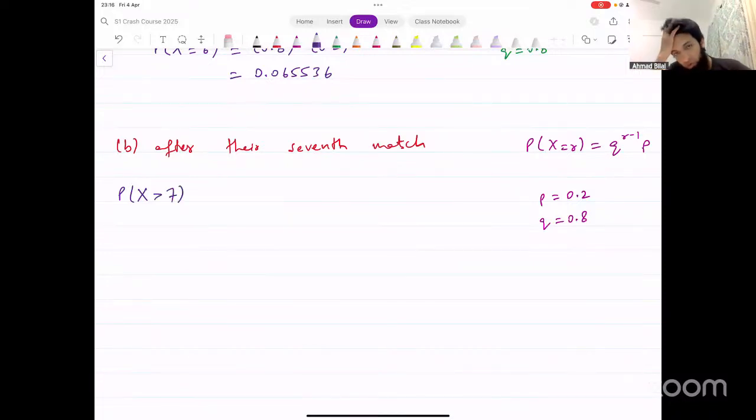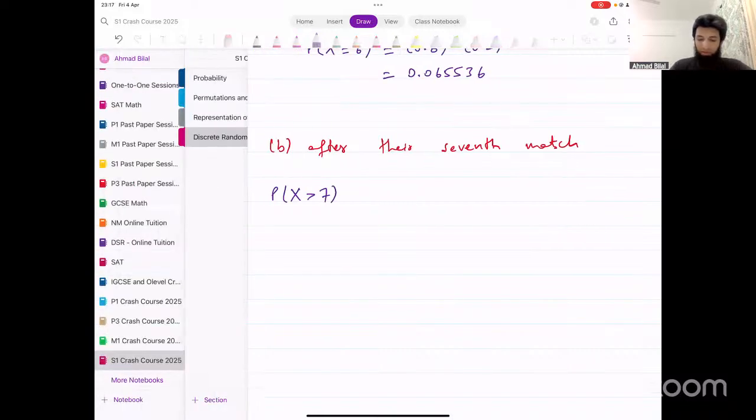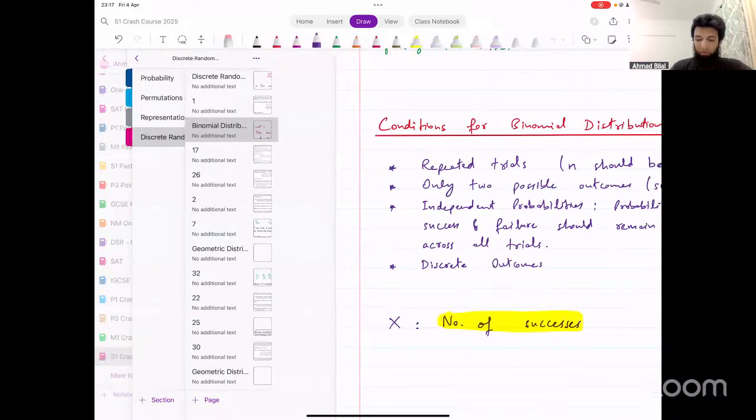Now in binomial, what we used to do was calculate each of those probabilities one by one. Greater than 7 means it could be 8, 9, 10, 11, 12, 13, 14, 15, and so on. It could be all of them. In binomial, we had a finite number.